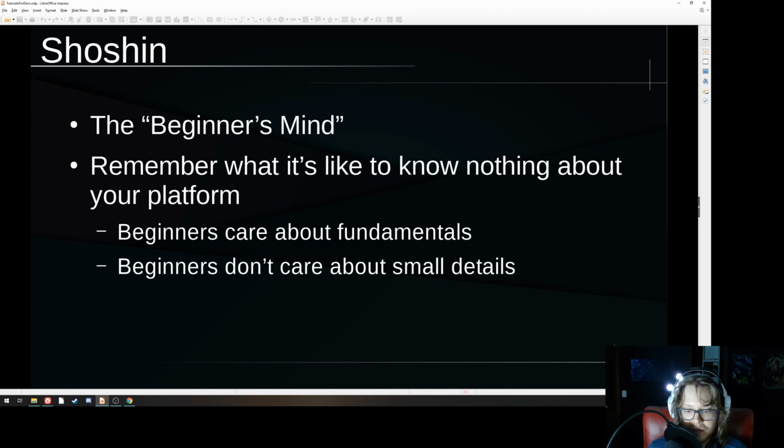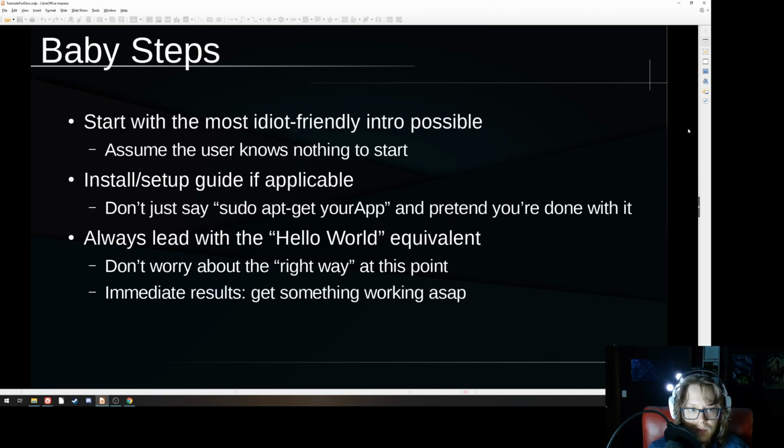So find somebody who is a complete idiot at something and try to explain something to them and see where your explanation falls short, because I guarantee you there will be certain assumptions that you make based on your experience that they just completely miss because they have not had that experience.